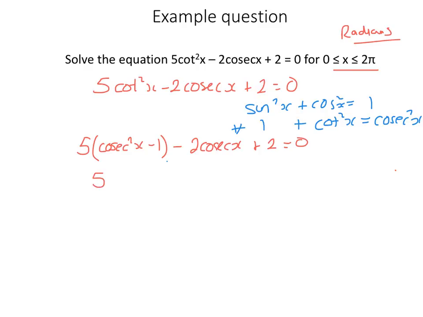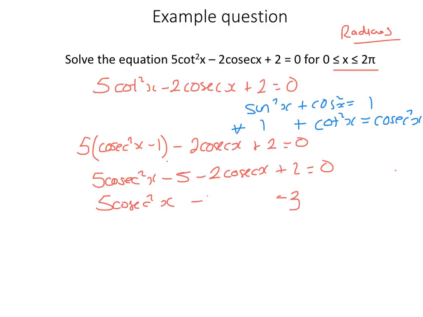So I have 5 cosec squared x minus 5 minus 2 cosec x plus 2 equals 0. 5 cosec squared x, and minus 5 plus 2 will give me minus 3. And I've got minus 2 cosec x here, and that will equal 0.